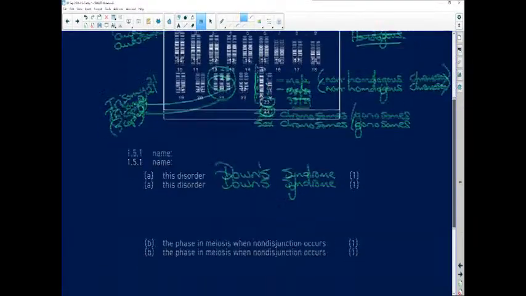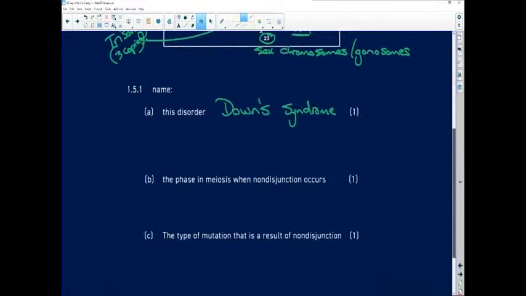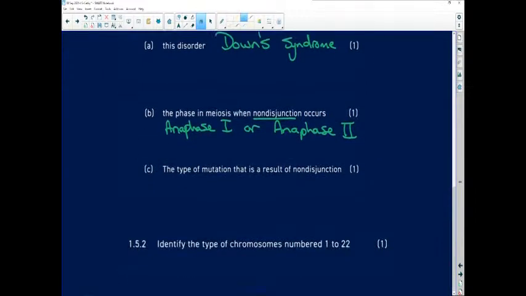Okay, then the phase in meiosis when non-disjunction occurs. Now there are actually 2. It can occur during anaphase 1 or anaphase 2. Okay, so let's just quickly zip down here.